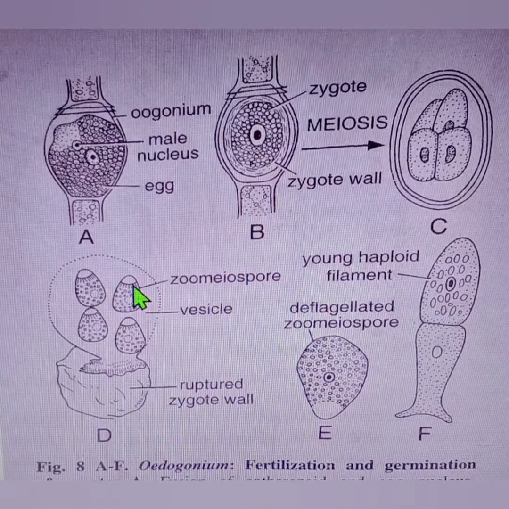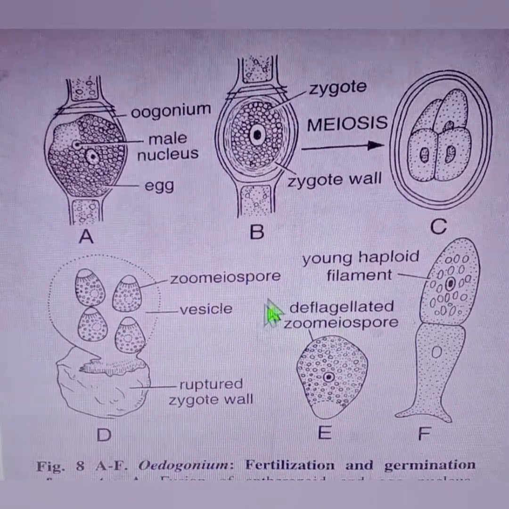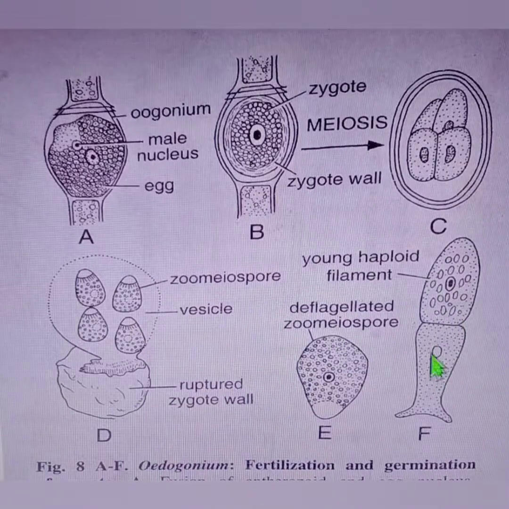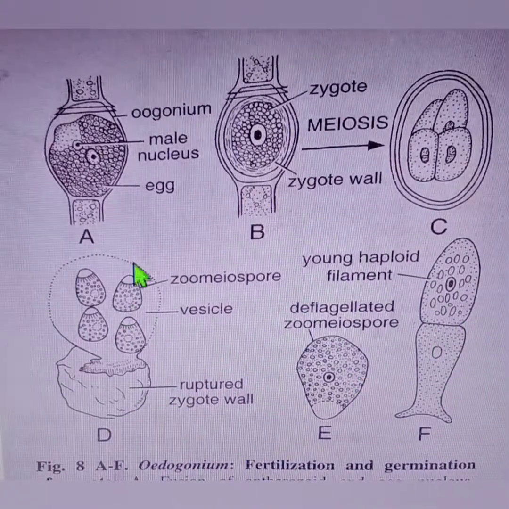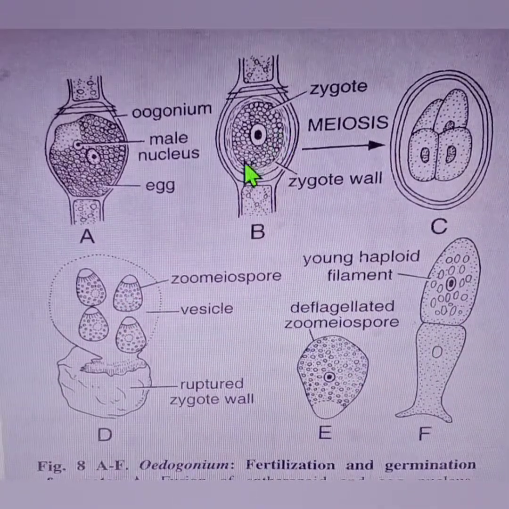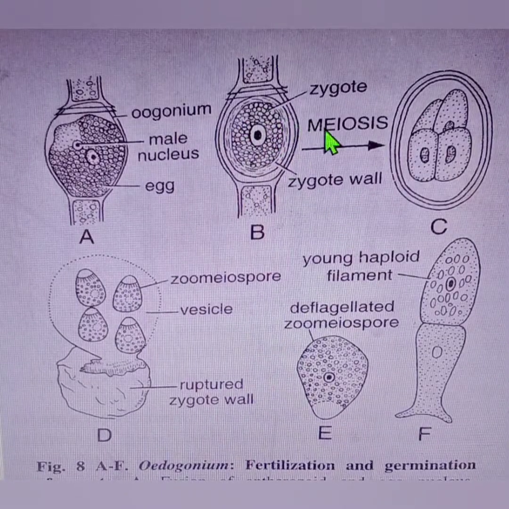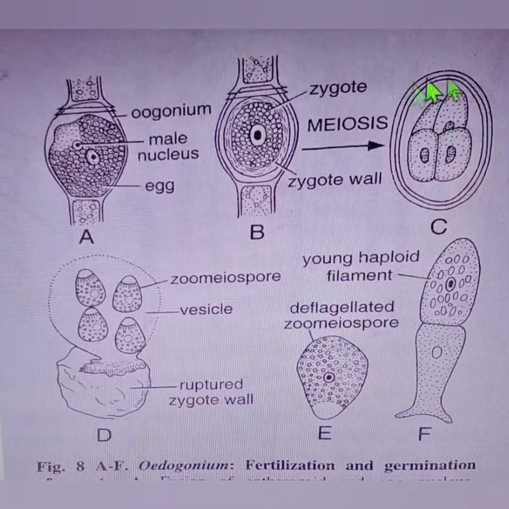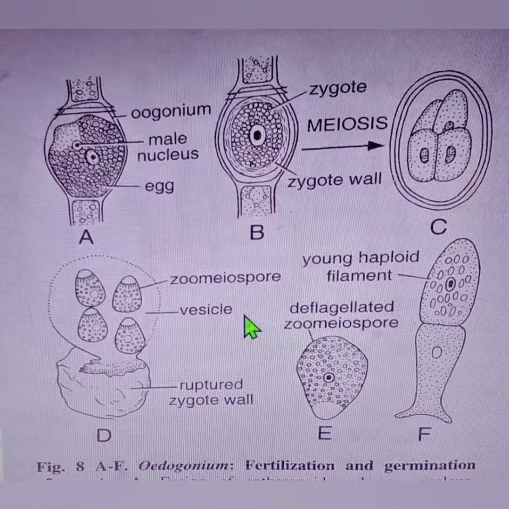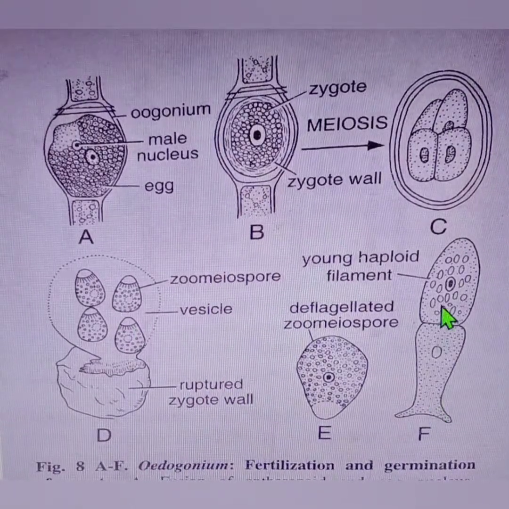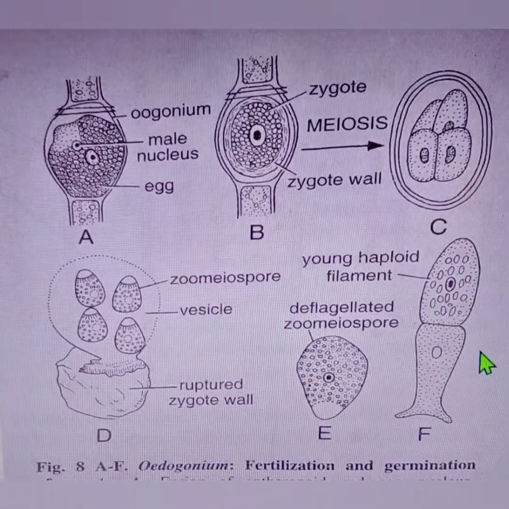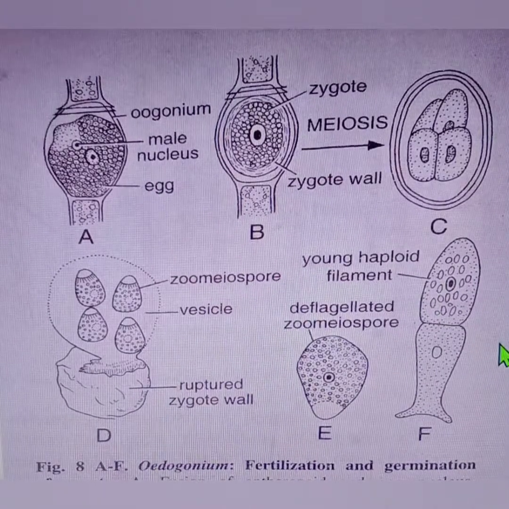Germination of the zoospore results in the formation of a haploid filament. Because each spore here is haploid, formed from the diploid nucleus that underwent meiosis, we get 4 haploid spores, and these haploid spores will give rise to a haploid filament. So this filament is haploid.